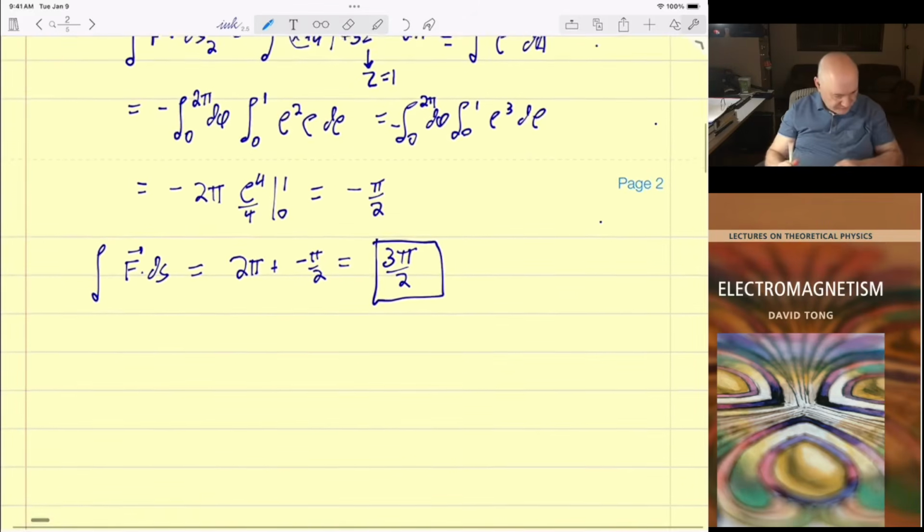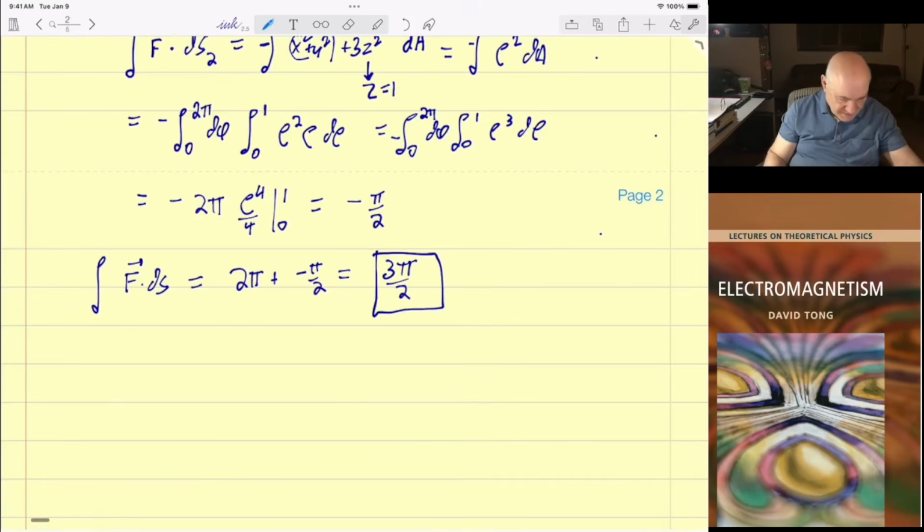Now it asks us to do the surface integral directly, and that's going to be a little bit more involved.